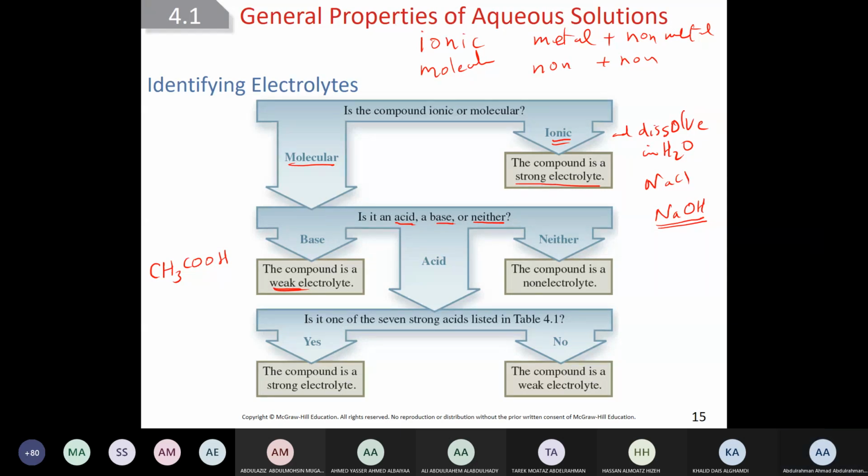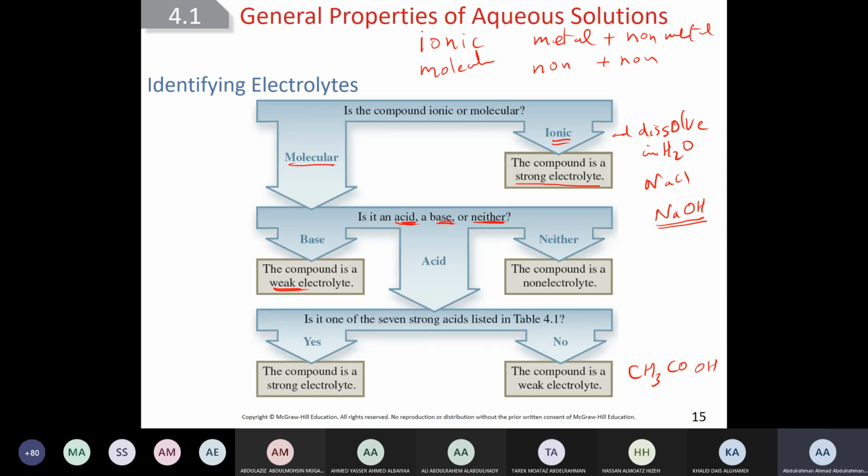I said this is base, but I should put the acid here. CH3COOH, I should put it here. Erase this, sorry. As I said here, ask yourself, is it acid or base or neither?